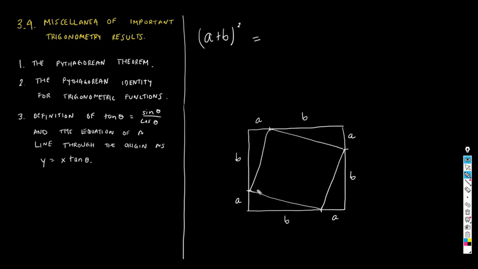So what is the area of this square? If we label these sides as C, C, C, and C, therefore the area of this small square is going to be C squared. Do you agree? That's the area of this square.